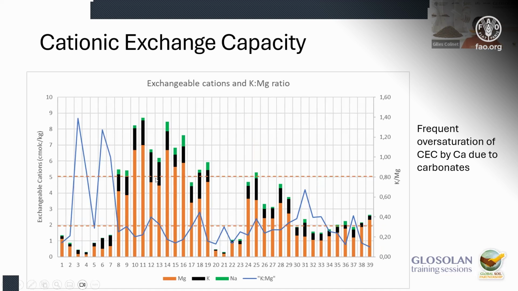And as you can see, usually sodium is very low in concentration, and most of the differences here are linked to the level of magnesium. See that we have here the first soils that seem very poor in terms of some of the four.